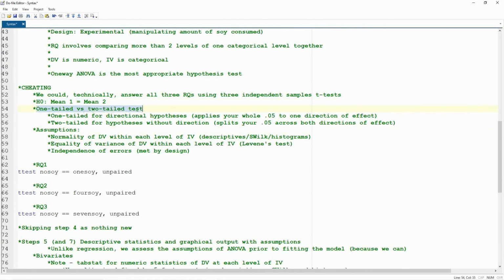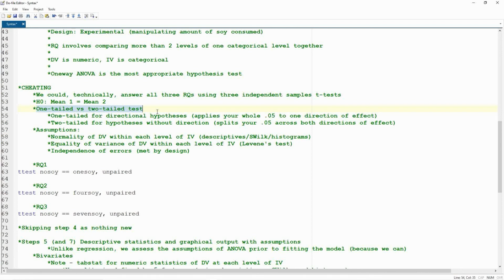Now, before I was talking about whether or not we have direction in our hypotheses, and this is important for the T-test, because in our T-test we're going to get 3 different p-values. 2 of them are going to be what we call one-tailed T-tests, and the others are two-tailed. Now, a one-tailed T-test is a directional T-test, and essentially what this is doing is it's taking our 0.05, our definition of significance, and giving all of that 0.05 to the direction that we expect.